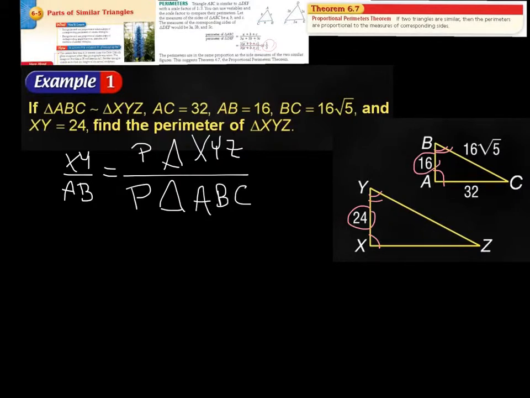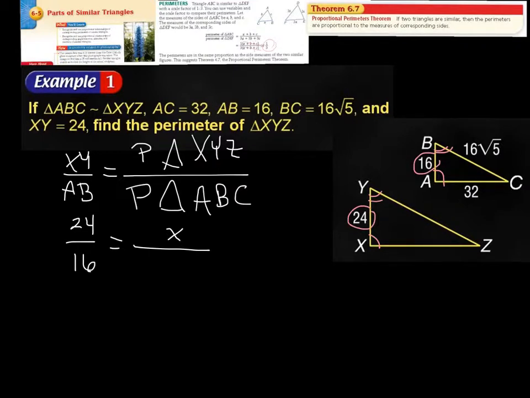So XY they gave us was 24, and AB they gave us was 16. The perimeter of triangle XYZ is what we're trying to find, so I'm going to let that be x, over the perimeter of triangle ABC.